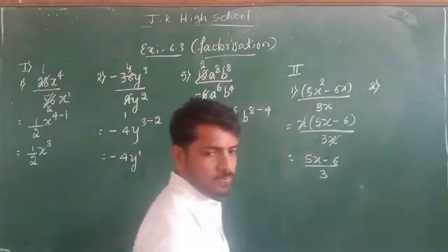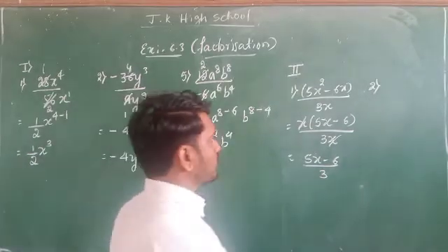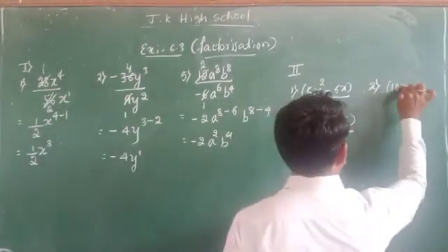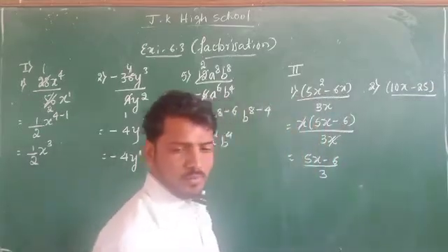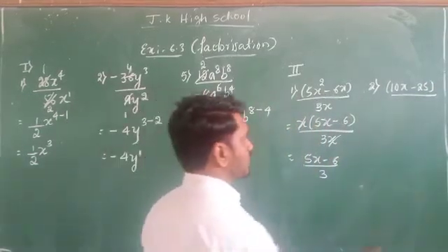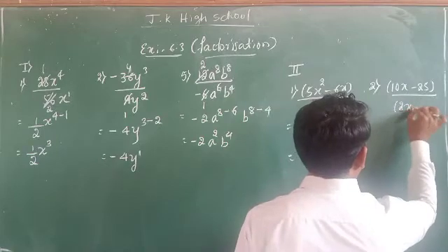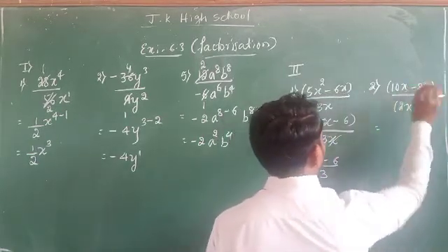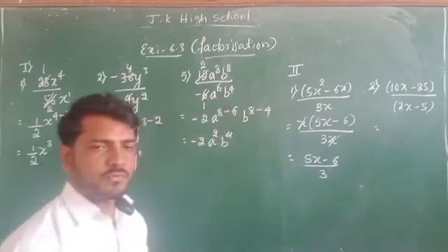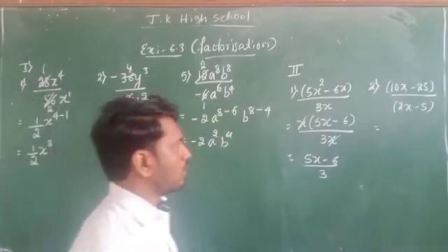Question number 2. 10x minus 25 divided by 2x minus 5. Okay, so how to do this? x is not there, but 10 and 25 are there. What do you want to do?